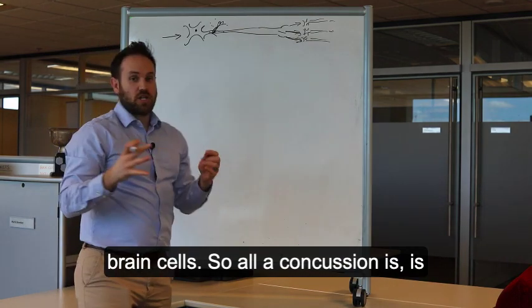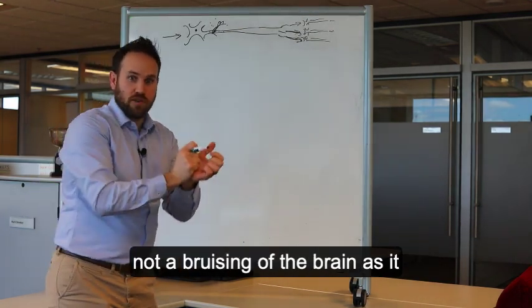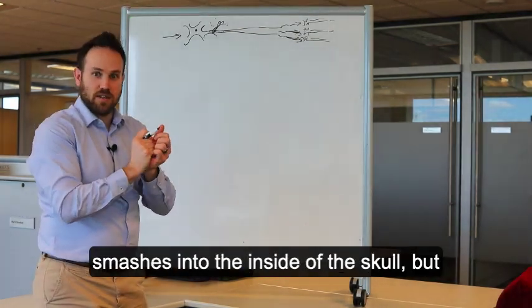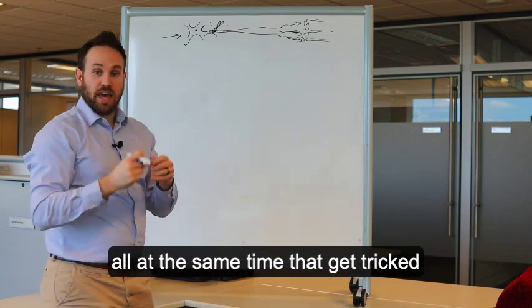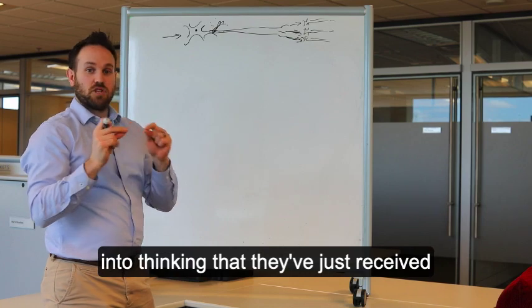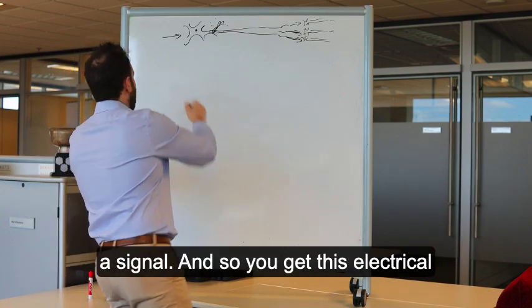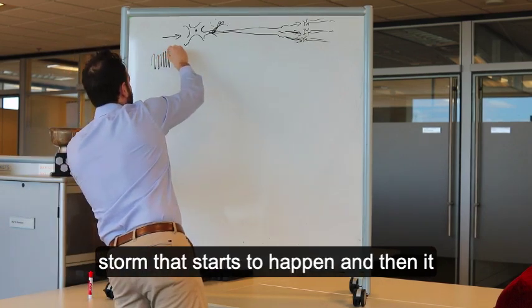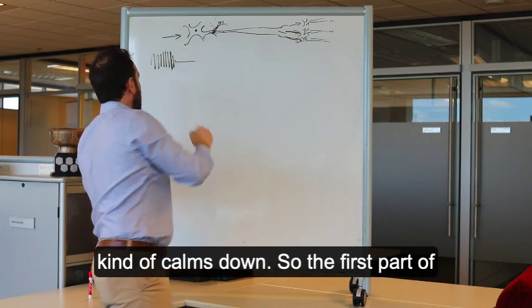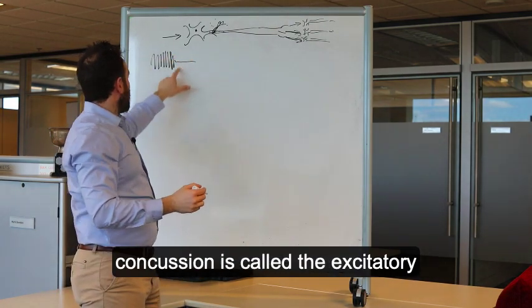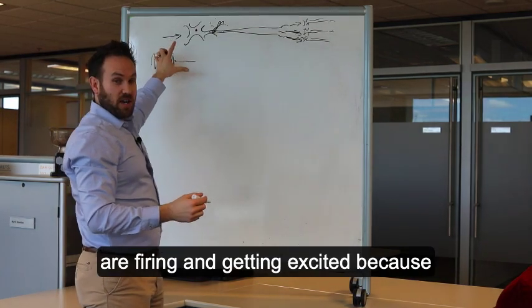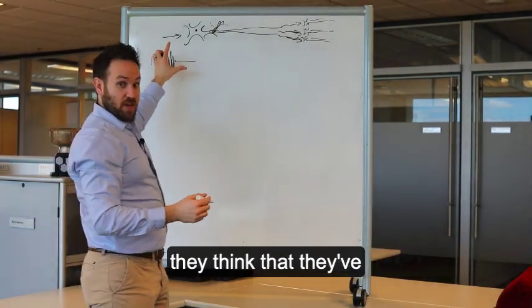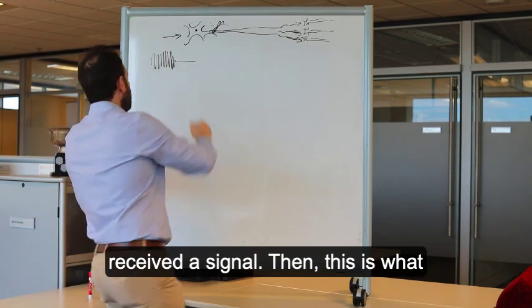So a concussion is not a bruising of the brain as it smashes into the inside of the skull, but actually millions of brain cells all at the same time getting tricked into thinking that they've just received a signal. And so you get this electrical storm that starts to happen, and then it kind of calms down. So the first part of concussion is called the excitatory phase. This is when all those brain cells are firing and getting excited because they think that they've received a signal.